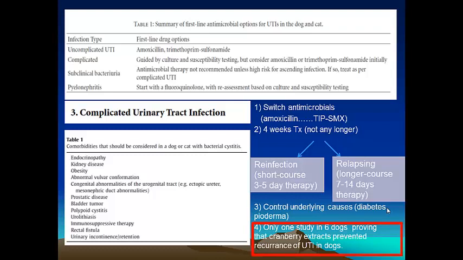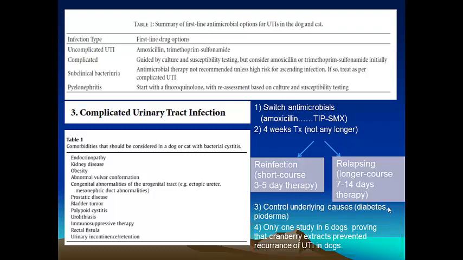In humans, they recommend cranberry juice, and there are various other alternative therapies, but unfortunately, at the moment, there are really no good studies to say what can be done in terms of prophylaxis in dogs.